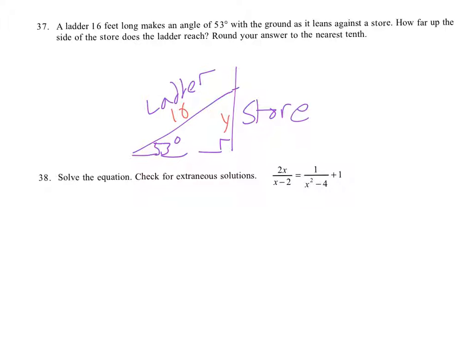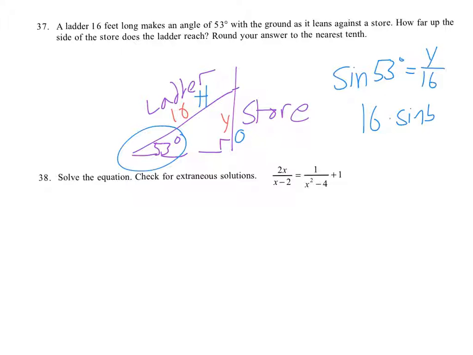And with this information, I can begin to set up a trig ratio. So looking at this angle, we've got opposite and hypotenuse. We want to know the opposite. We know the hypotenuse. I could write this as sine of 53 degrees is equal to y over 16. 16 times sine of 53 is equal to y.